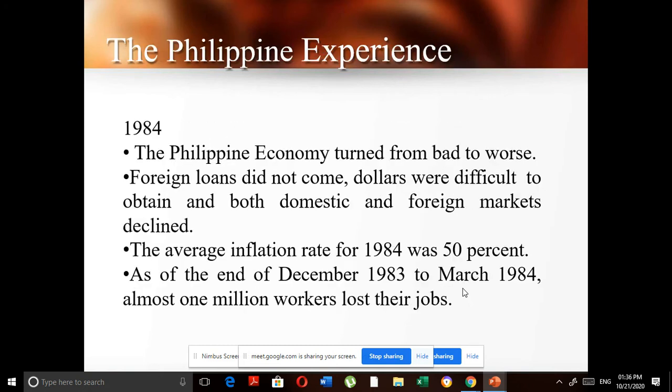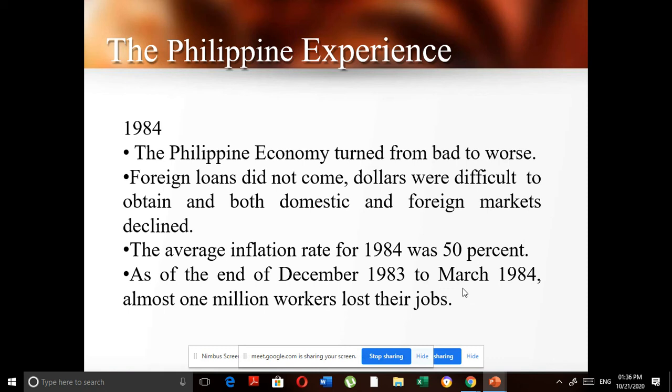The structural inflation. Here you see the Philippine experience. I share with you. We can read together about inflation and unemployment. In 1984, you see, the Philippine economy turned from bad to worse. Okay, let us read together.